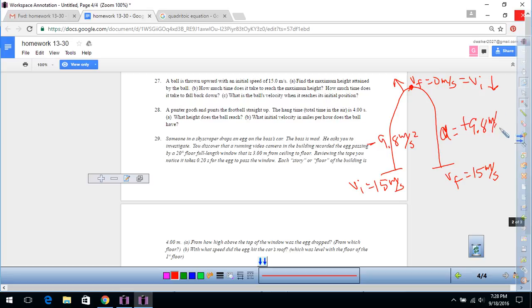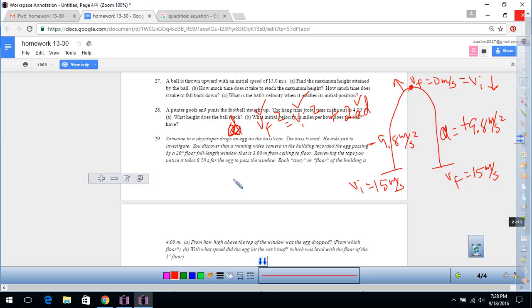You'll need to talk to him about that, but this always makes sense to me. Okay, so if we're looking for the maximum height, we can use Vf squared equals Vi squared plus 2ad, because we know this is 0, this is 15, this is 9.8, and it's negative because it's slowing it down, and solve for our d. Okay, not a big deal.